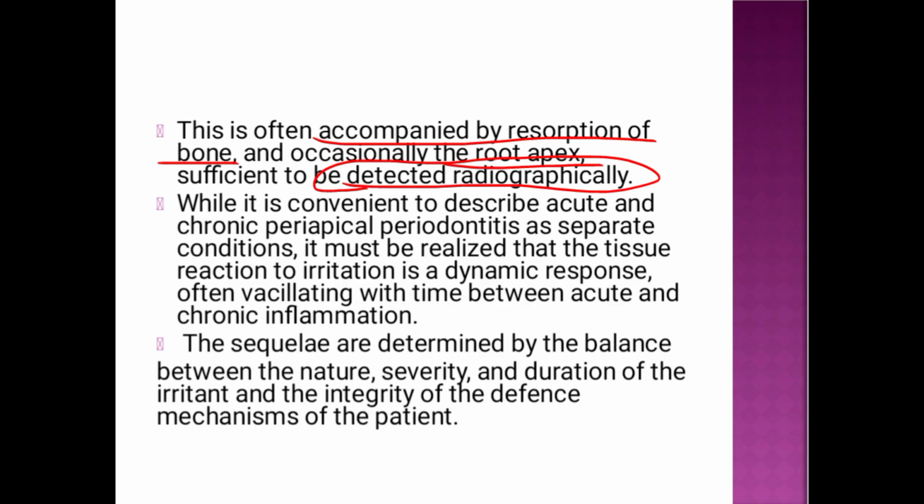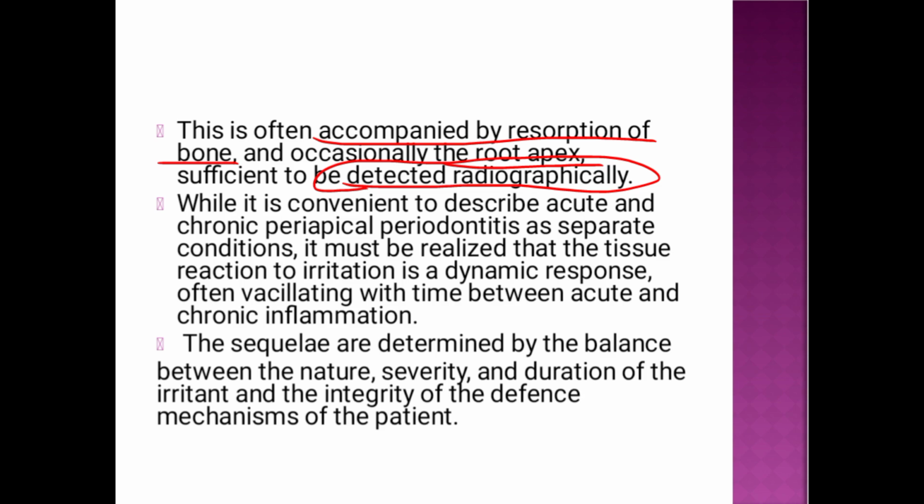While it is convenient to describe acute and chronic periapical periodontitis as separate conditions, of course this is chronic, which we have also studied in pulpitis. You can say chronic periapical periodontitis or acute periapical periodontitis. Basically it occurs when the tissues are irritated, so they respond.